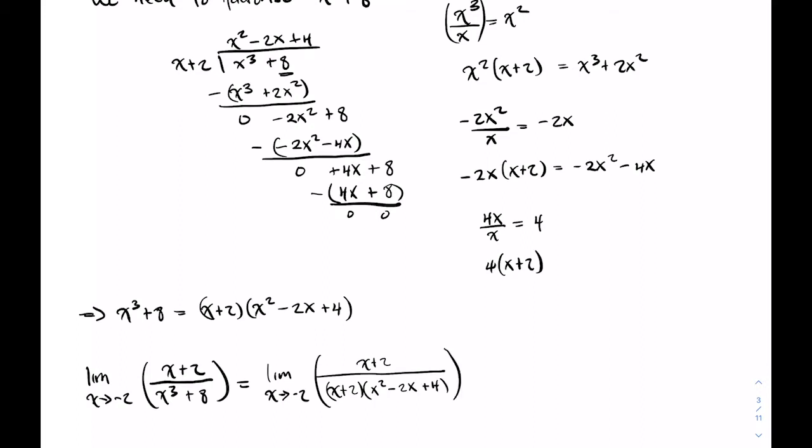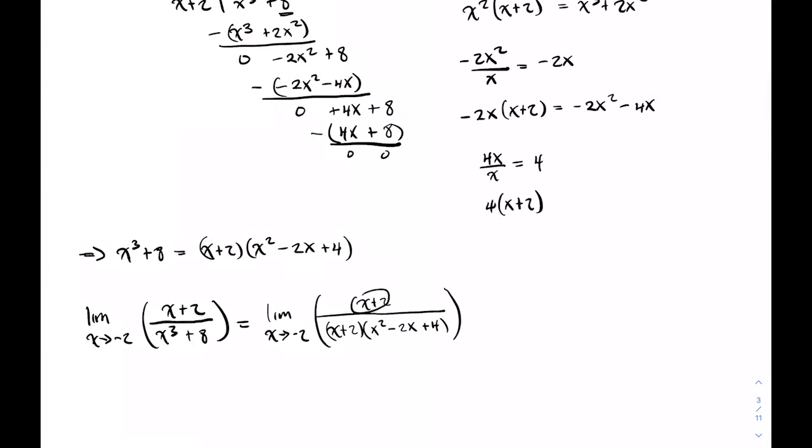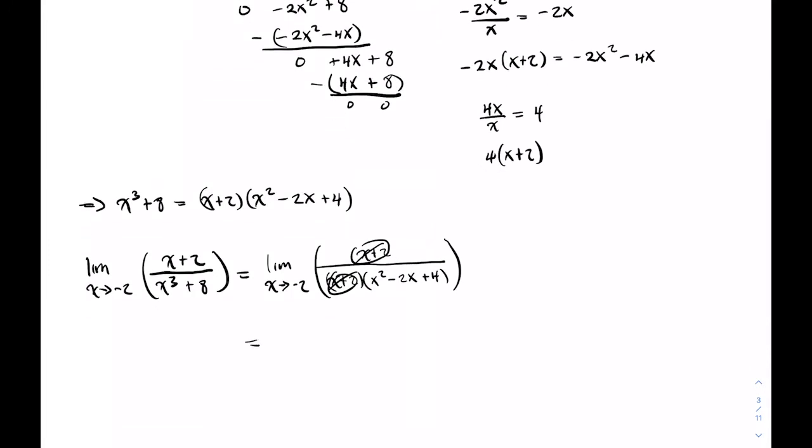Okay, and if we look closely here, we'll realize that something from our denominator and our numerator has canceled. So we're left with the limit as x approaches minus 2 of 1 over x squared minus 2x plus 4.